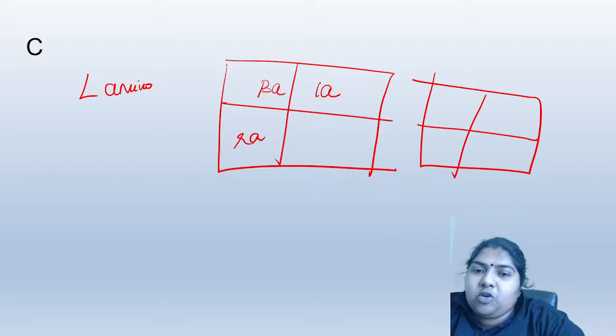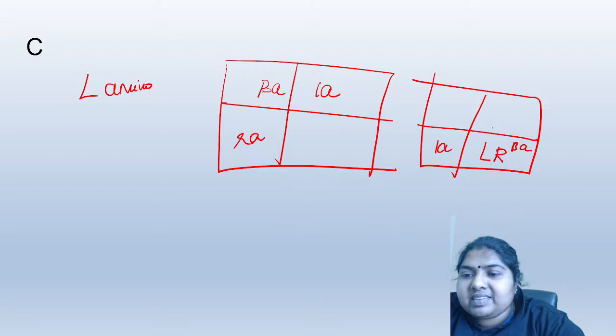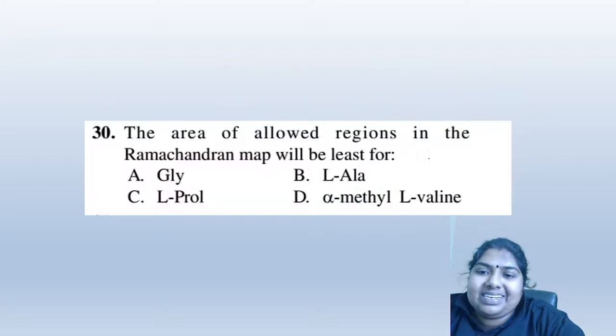So if it is this one, it will become your lower right. This is going to be Ba, lower right. This La will come down, this Ra will go up. So this is going to be lower left. This is going to be your upper right. Got it? So this is how they manage, if at all it is there.